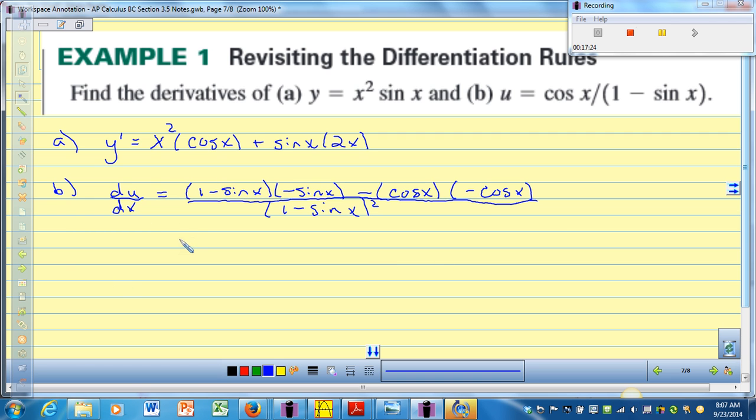Questions on those two? I'm going to throw one more in because people get thrown off when they have to do this. So what if I asked for you to take the derivative of secant x tangent x?